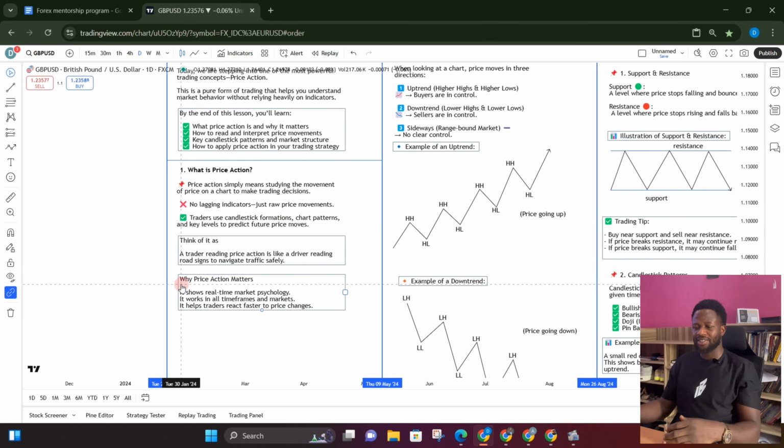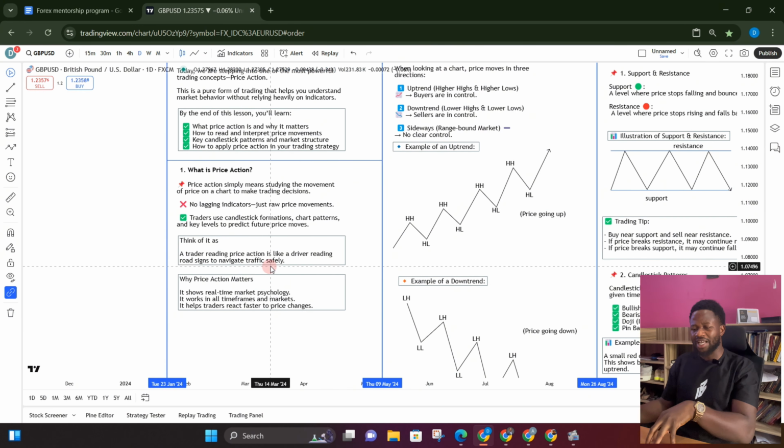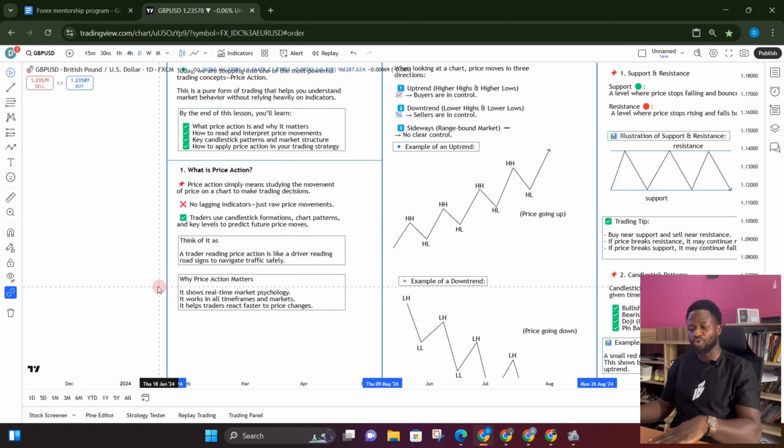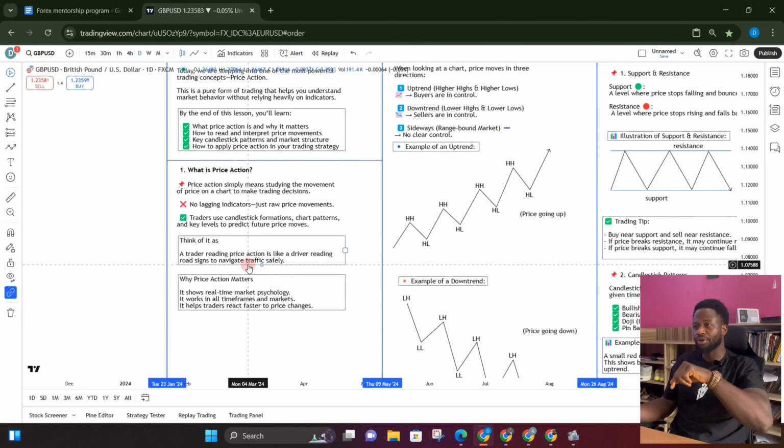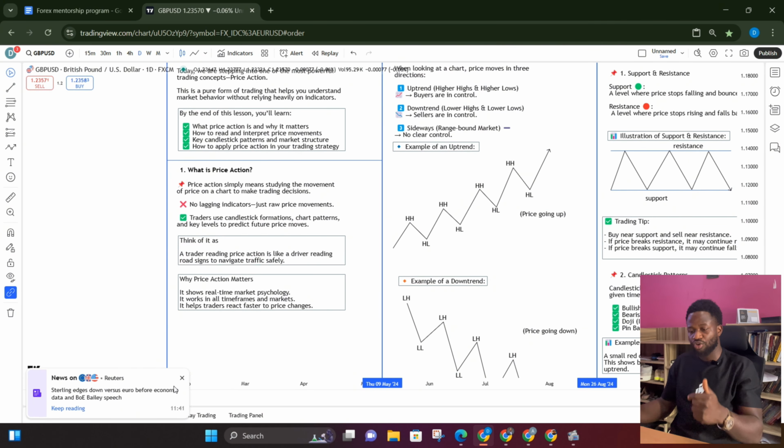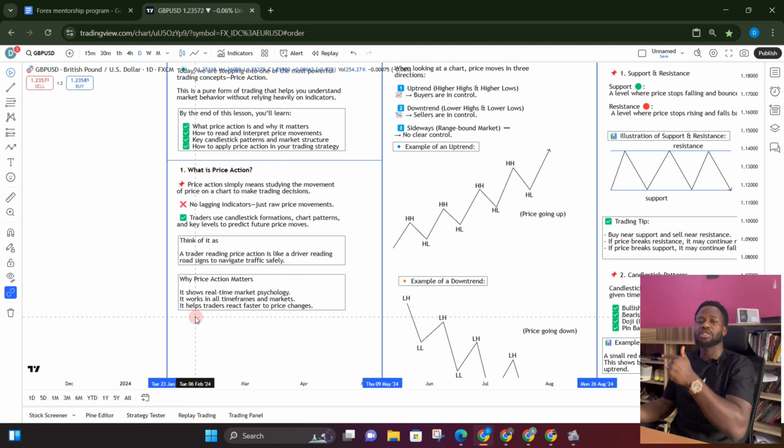So think of a trader reading price action like a driver reading road signs to navigate traffic safely. You see no U-turn, speed limit, bump ahead, a bridge ahead, zebra crossing. If you neglect those symbols on the road, you can get fined, you can be in an accident, things could go wrong. That is exactly the market.